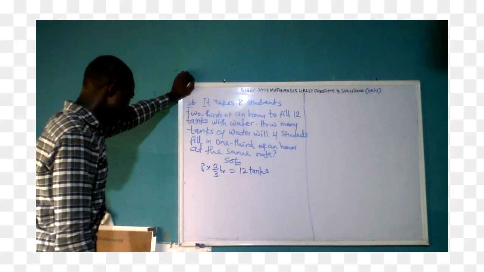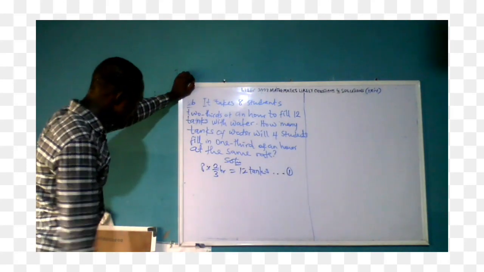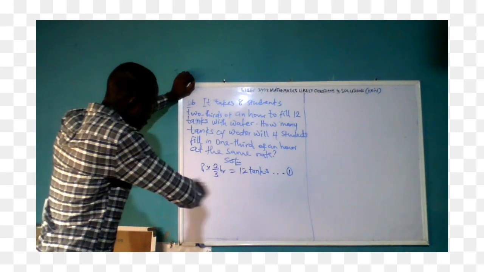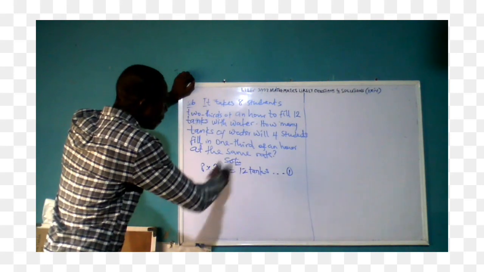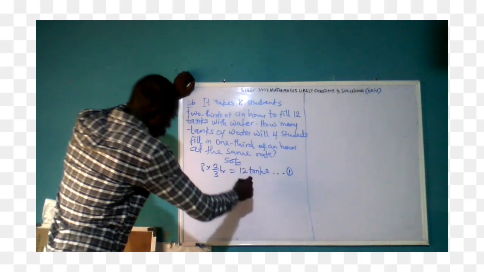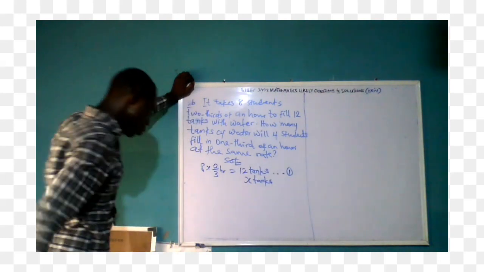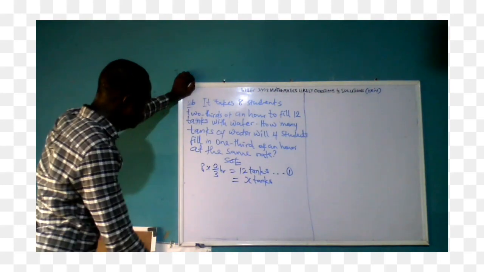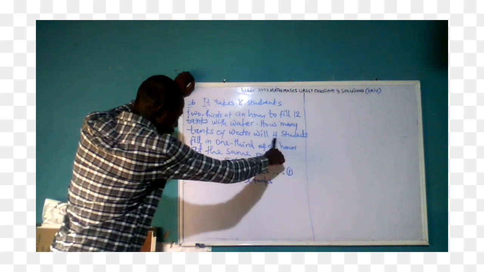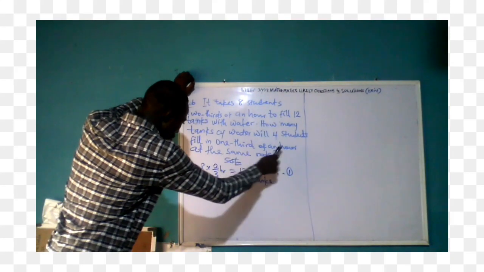Call this equation 1. Also, we are asked how many tanks of water will be filled by 4 students in 1/3 of an hour. Let that be x tanks, which we are going to look for. So x is equal to 4 students multiplied by 1/3 of an hour.